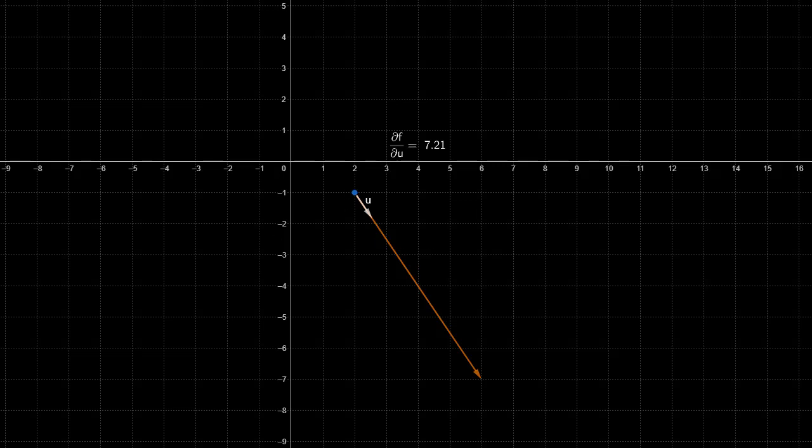So here it starts at 7.21 and then starts to sweep down until we get perpendicular when we'll hit 0, and then we'll start hitting the negative values, and then around to negative 7.2, and then we flip back around and we're going to increase up to 0. There we go, and back around to our 7.21.